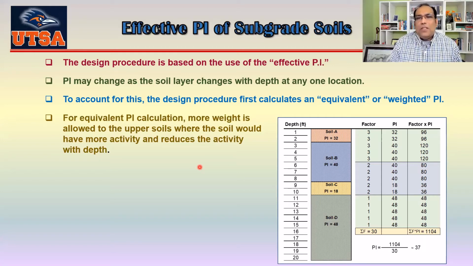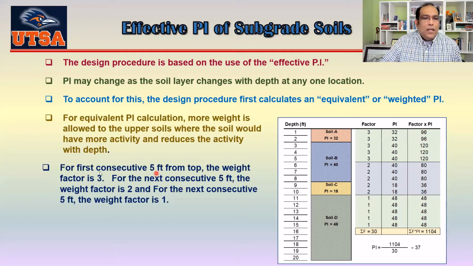Most of the time it's residential buildings. Sometimes it could be commercial buildings too. Now you can see here that for the first consecutive 5 feet from the top, we use a factor of 3. From 5 to 10 feet, we use a factor of 2. And then from 10 to 15, we take a factor of 1.